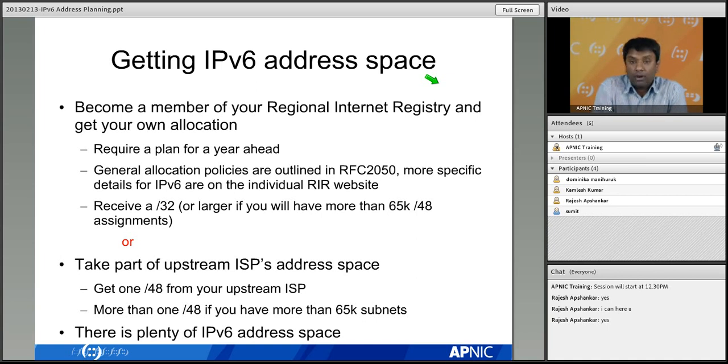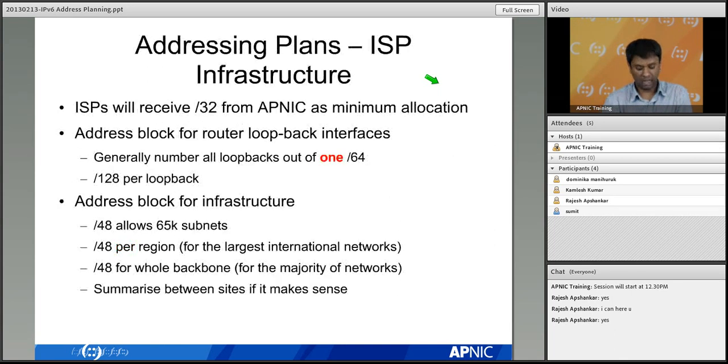If you're building your own data center and you have a requirement of multi-homing, you need a /48, that's for sure, to get a routing arrangement with the upstream internet. So if you have a plan for multi-homing, it's advisable that you get a portable block from the registry. That will make your life easy.